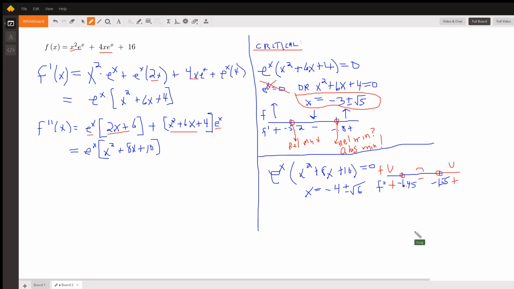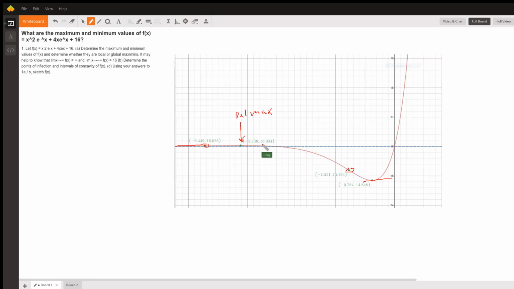And you could actually plug those values back into the original function to get the corresponding y values, which is kind of what I did to get these y values right here for each of these points.